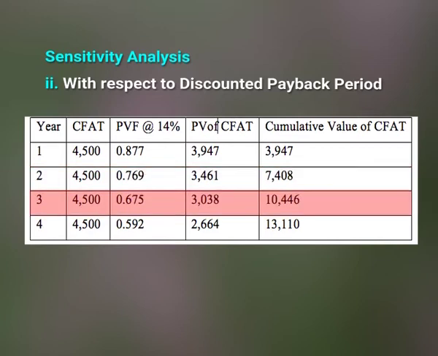Then in the third year, CFAT, that is cash flow after tax, is 4,500. Then PV factor, that is present value factor, at 14% is 0.675. Then PV of cash flow after tax is 3,038 in the third year, and cumulative value of cash flow after tax is 10,446.